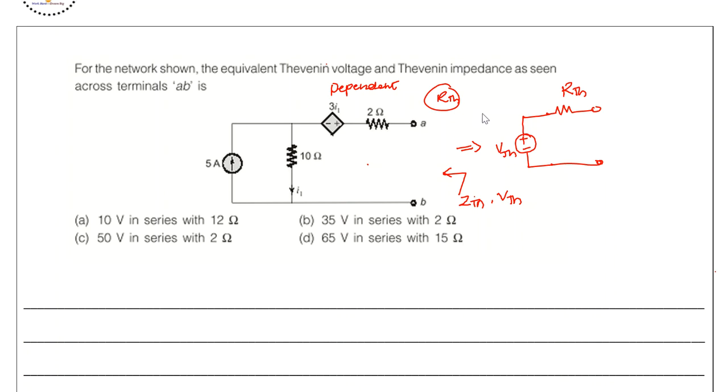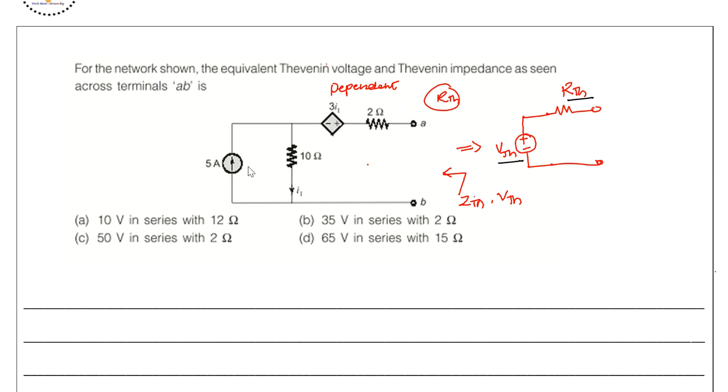So we can follow the current injection method for this circuit. Let's start the solution. In this problem, we need to find two things. First, we need to find the VTH. Second, we need to find the RTH.